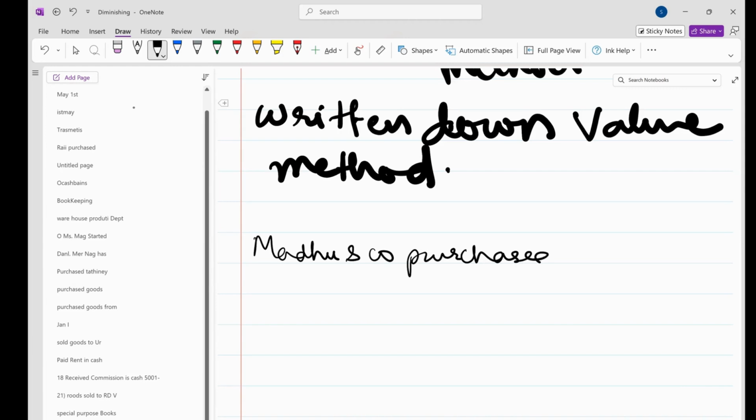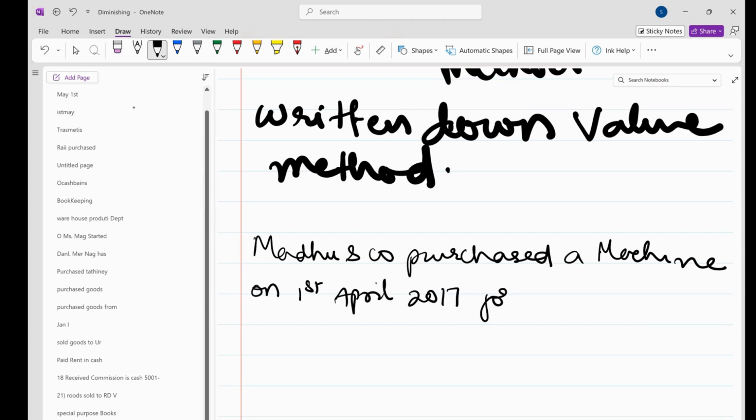Madhav and Company purchased a machine on 1st April 2017 for rupees 20,000.